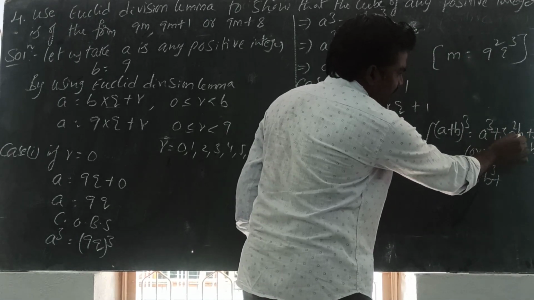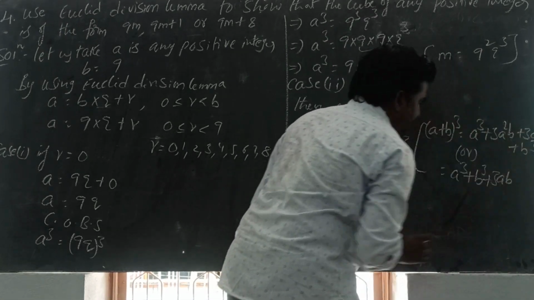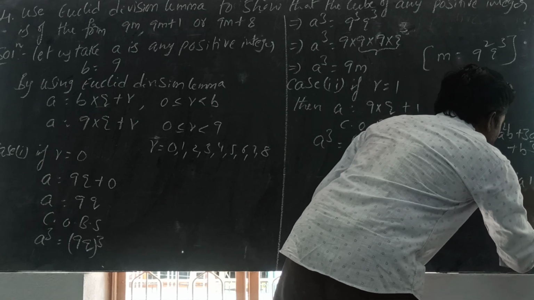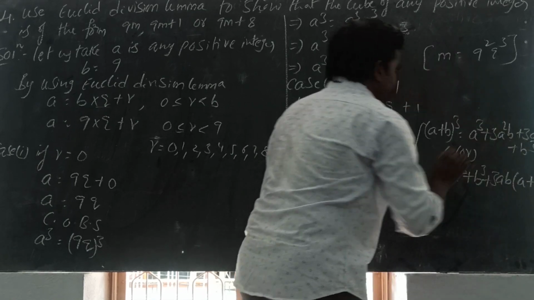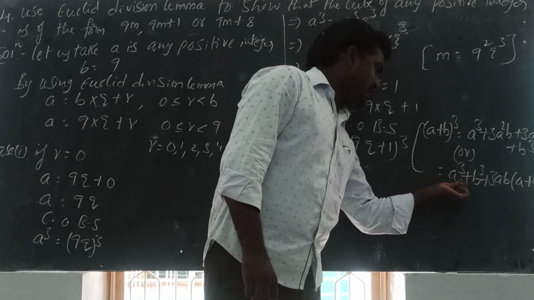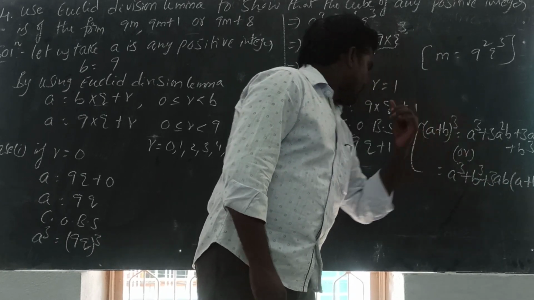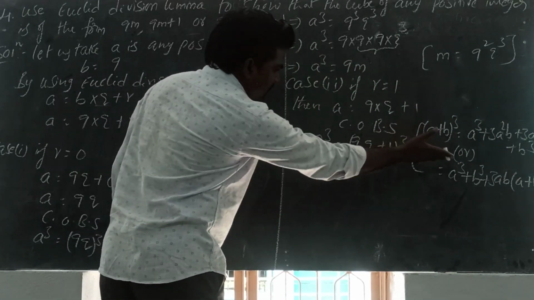Here a is two times and b is two times multiplied. So you can take 3ab outside. What remains? a plus b. So another formula for (a plus b) whole cube is a cube plus b cube plus 3ab(a plus b). Apply this formula here.